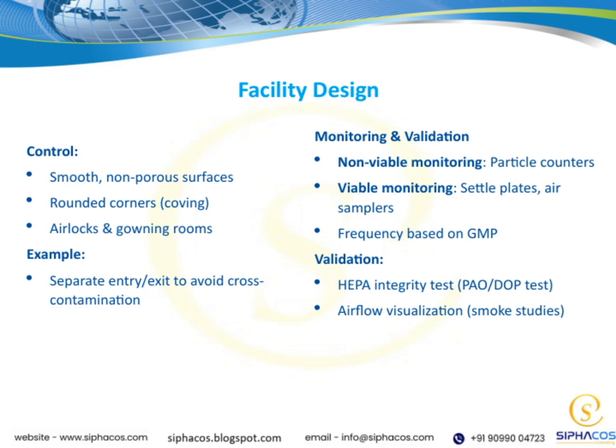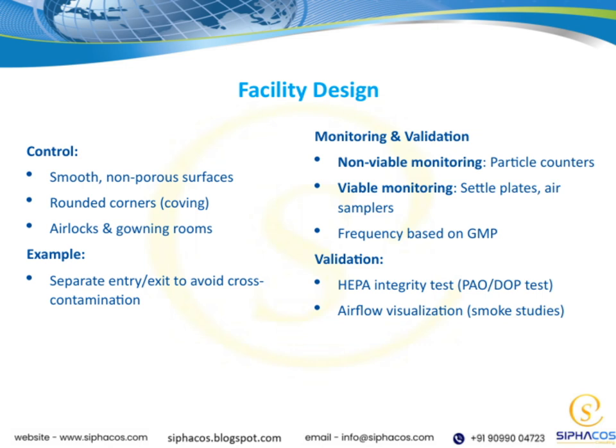For viable monitoring, we rely on methods like settle plates and air samplers, which allow us to culture and identify actual microorganisms present in the environment. The frequency of these tests is usually determined by Good Manufacturing Practice, or GMP, guidelines to ensure consistent environmental control.